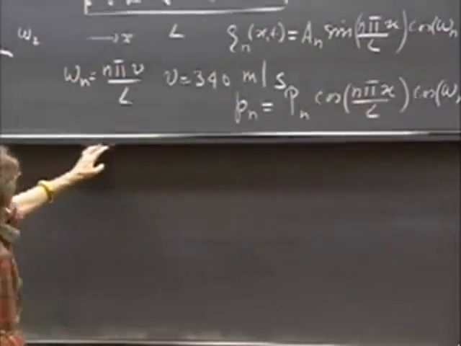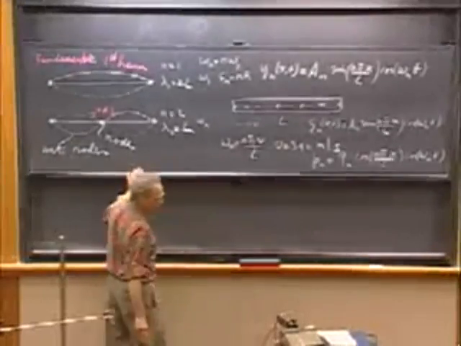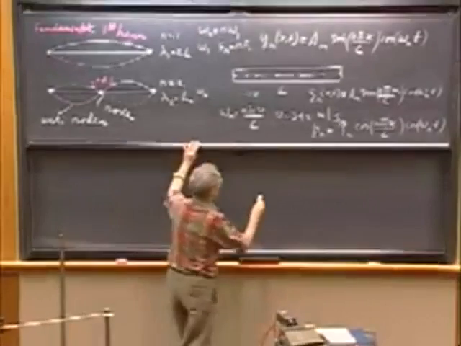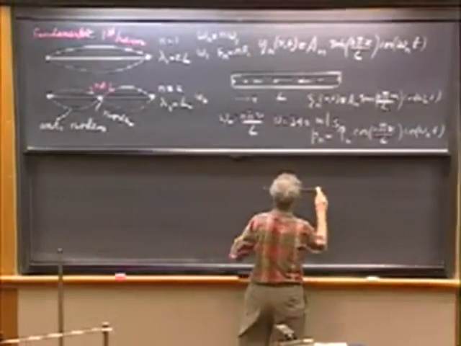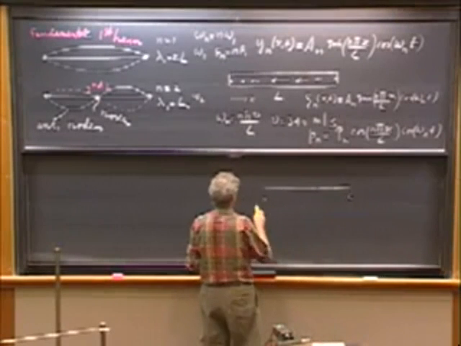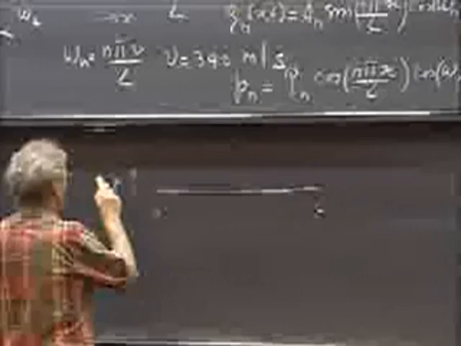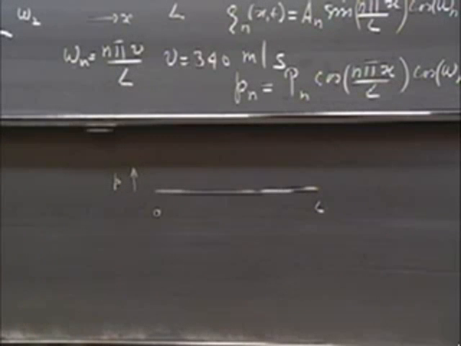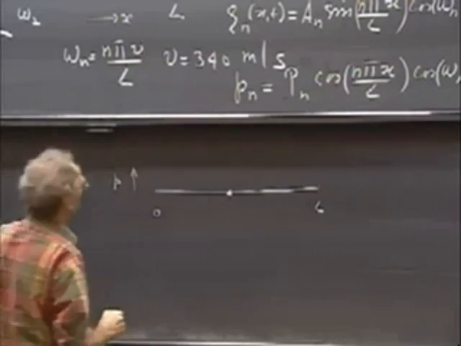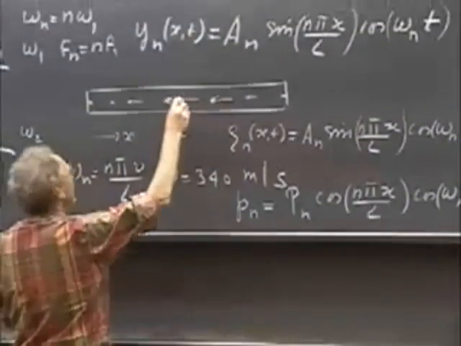If I made a plot of the pressure, I will do it here so that it doesn't become too cluttered. So here is now 0, and here is L. If I put here the pressure, then in the first harmonic, the fundamental, here is a pressure node in the middle, where there was an antinode for psi.